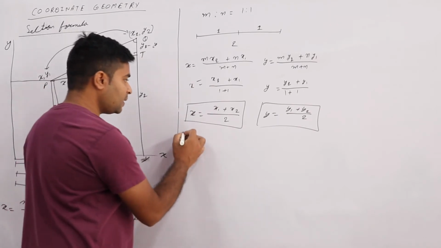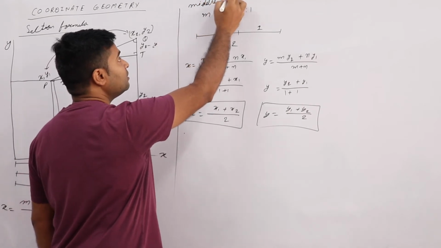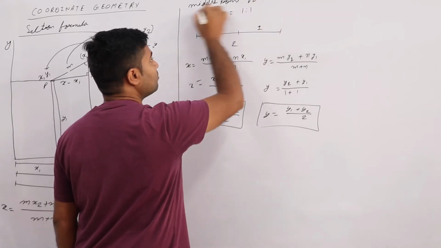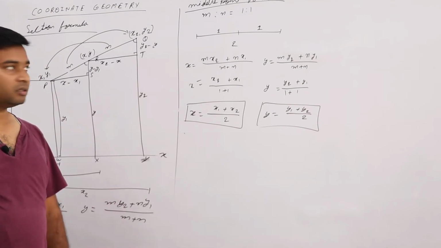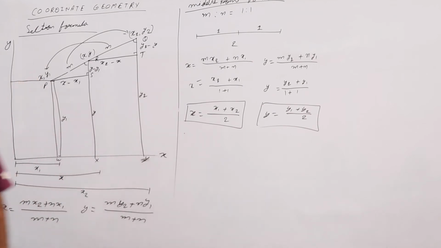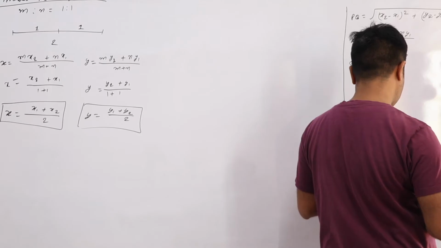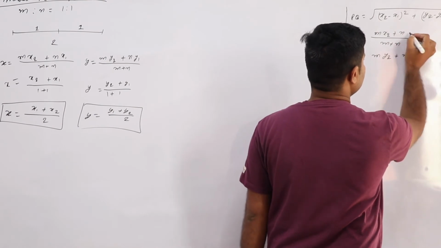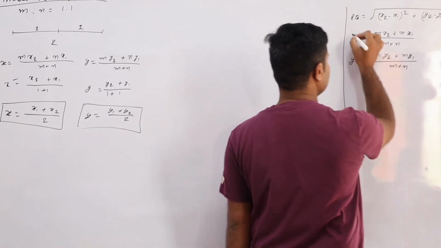So here I am making a topic: middle point formula. Understood? So this is your section formula, right?